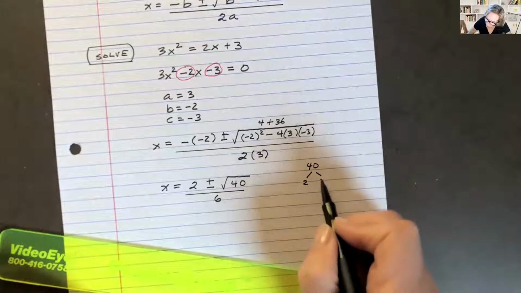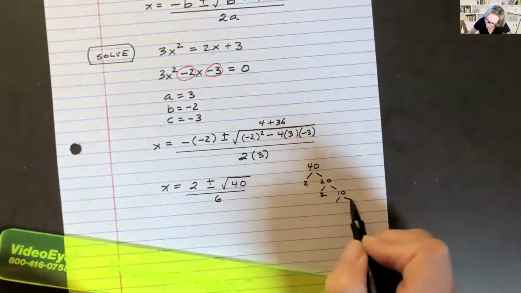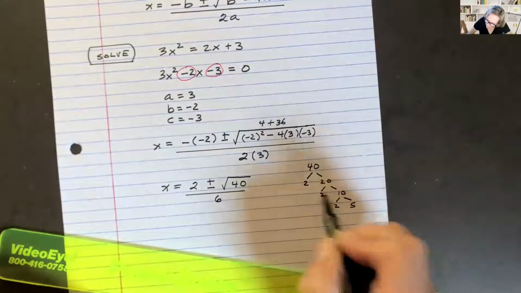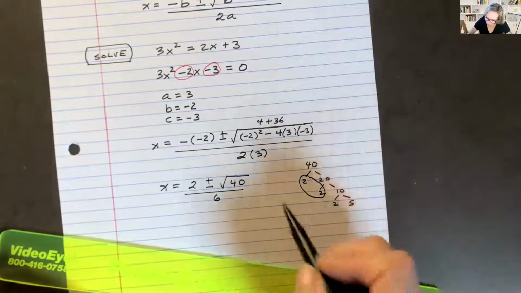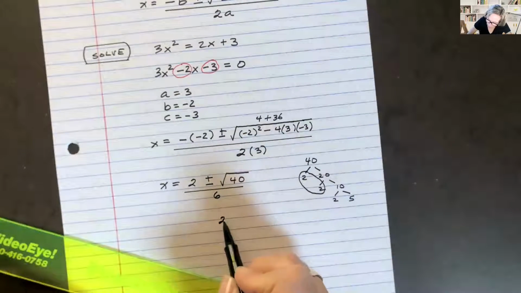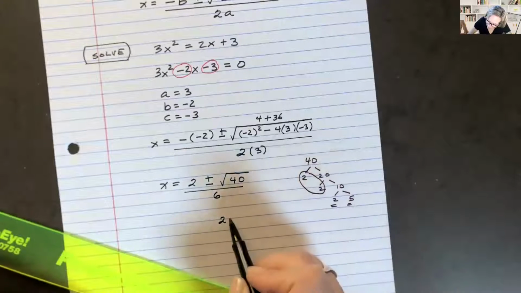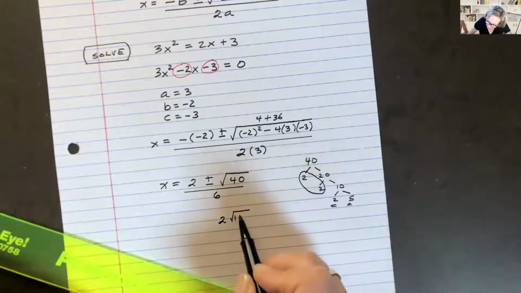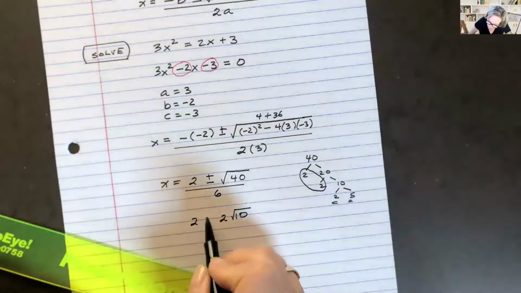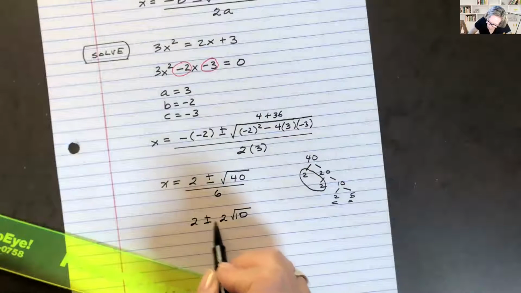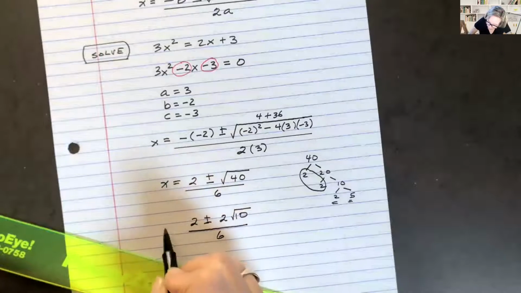This is 2 times 20. 20 is 2 times 10, and 10 is 2 times 5. So I have a pair of 2's there. So a 2 will come out of the radical, and 2 times 5, or 10, will stay in. Okay, so 2 root 10. So it's going to be 2 plus or minus 2 times the square root of 10 all over 6.